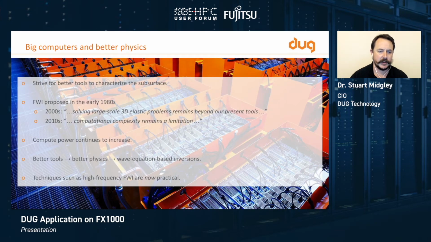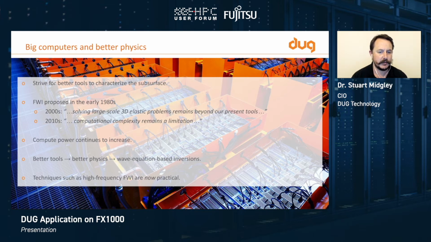But first, why do we do this? Well, we're always striving for better tools to characterize the subsurface. Algorithms like full waveform inversion were first proposed in the early 80s, and in the 2000s, it started to become possible to actually run these styles of algorithms. In 2010, computational complexity still remained a limitation.